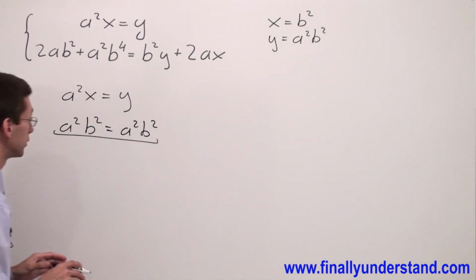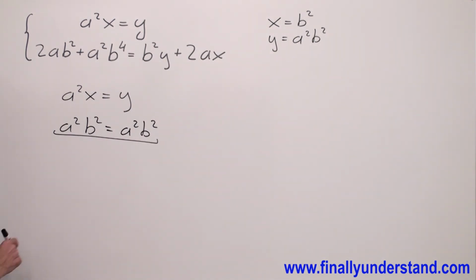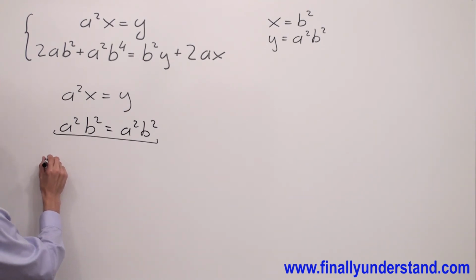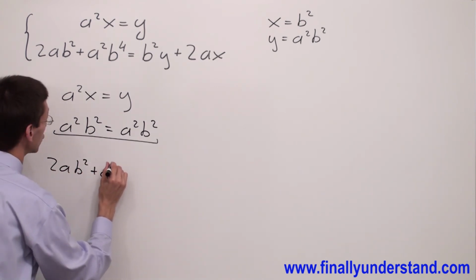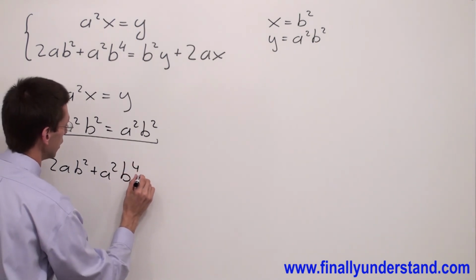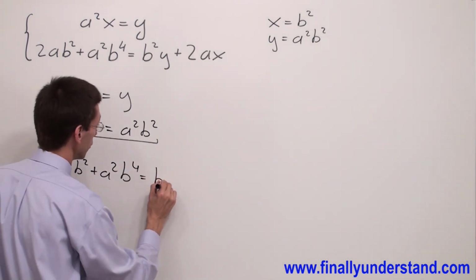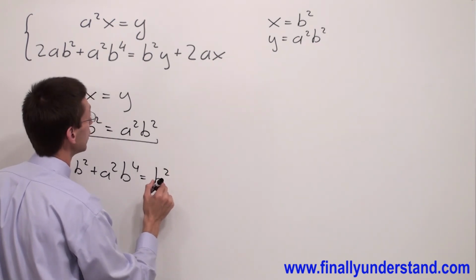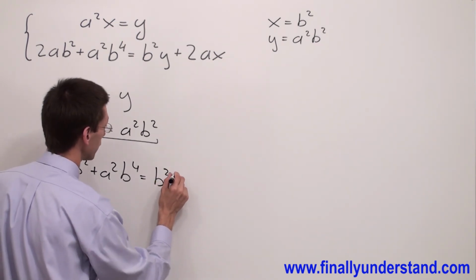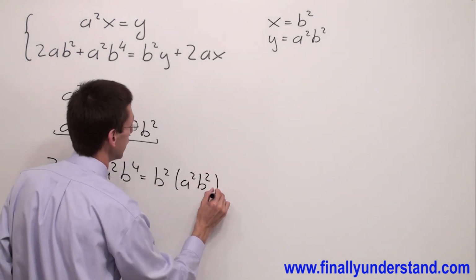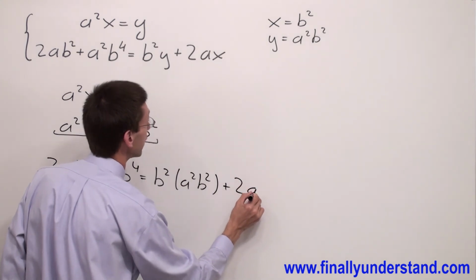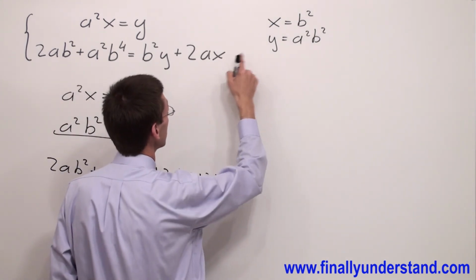But this is just half of the proof that our answers are correct. We're supposed to also verify the second equation. We have 2ab squared plus a squared b to the fourth is equal b to the second times y, which is a squared b squared plus 2a, and x is equal b squared.